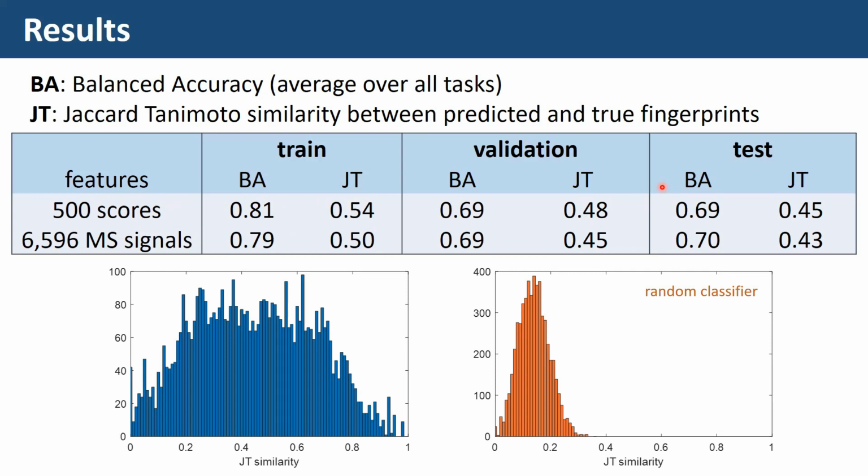But we didn't know how to interpret the Jaccard-Tanimoto similarity because it wasn't so high. It was one of the first times I was using neural networks, so I tried to compare these outputs with a random classifier to understand. In these two histograms you have the distribution of the Jaccard-Tanimoto similarity between predicted and experimental fingerprints for the test set.